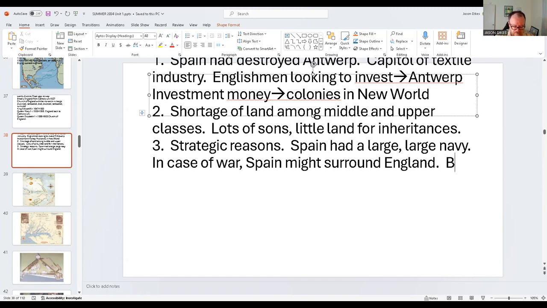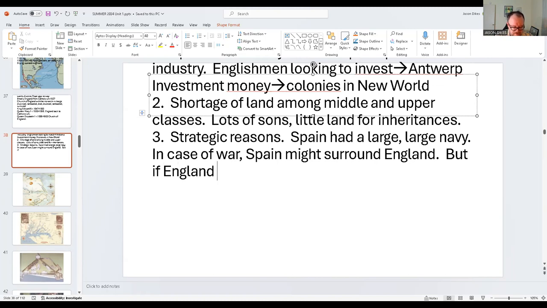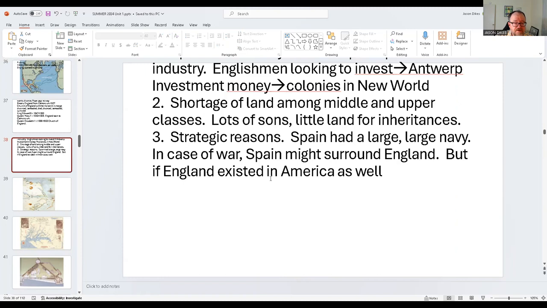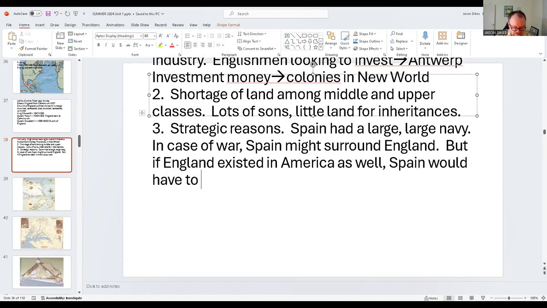But if England existed in America as well, if this was England, but this was also England, Spain would have to spread its navy out and that would help England.